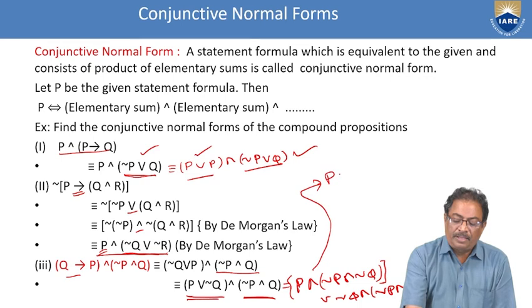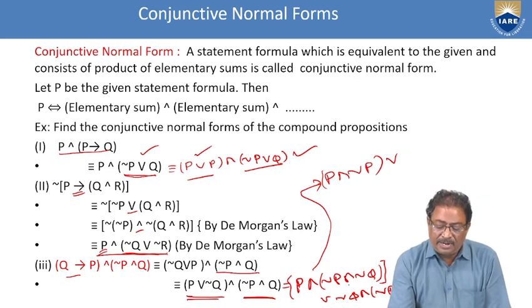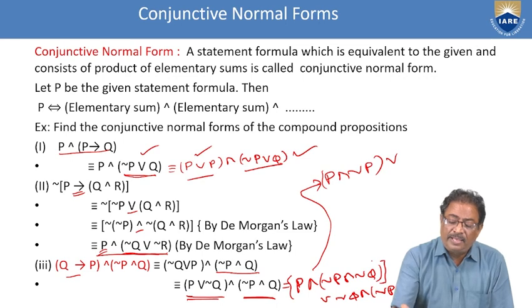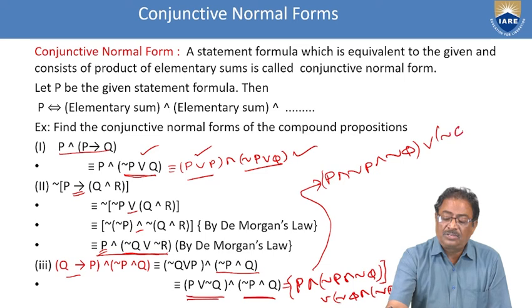So P and negation P, R, P and negation P. Anyhow, these will be there. Then we consider P and negation P and negation Q, R. See here, concentrate on this, everywhere negation will be there. So I can write it as negation Q and negation P and negation Q.